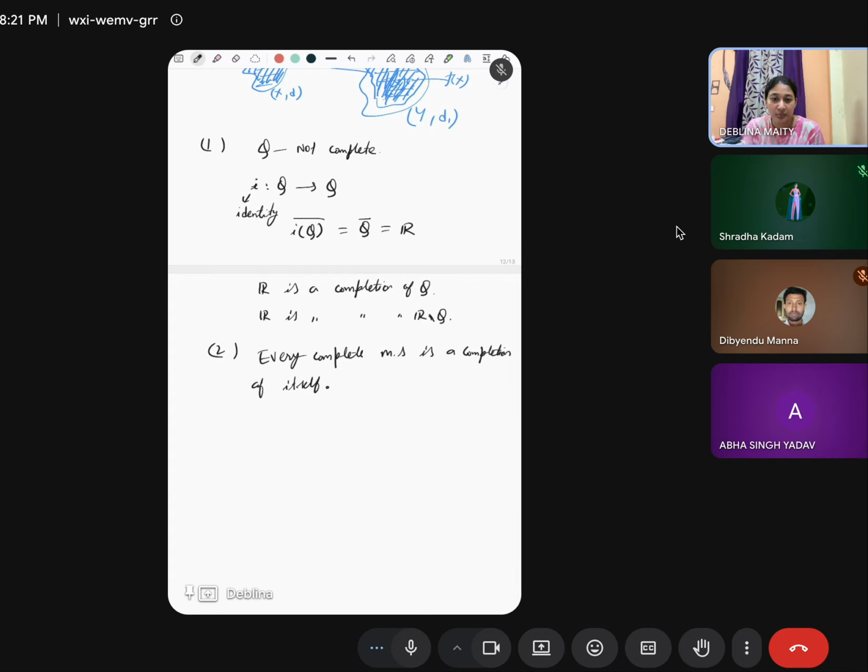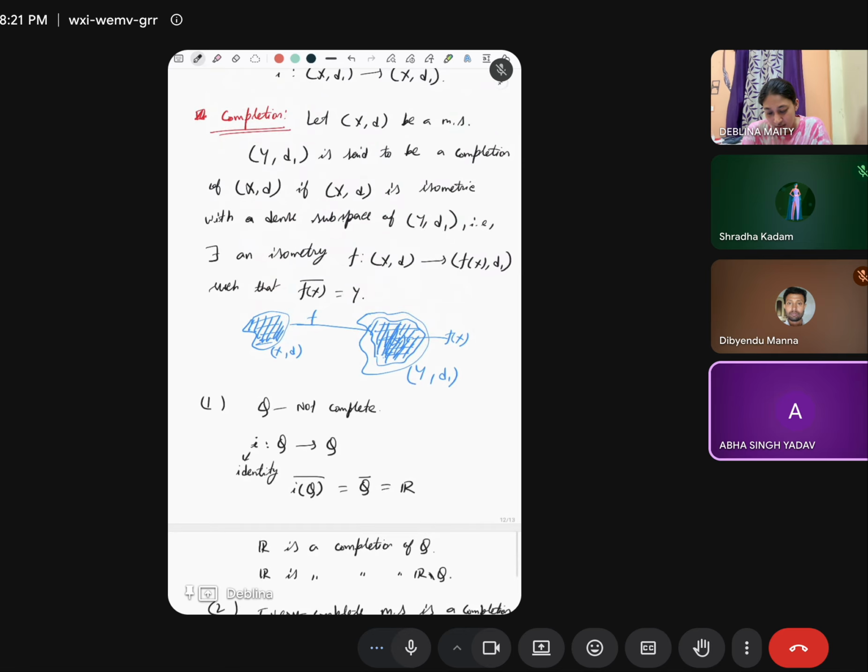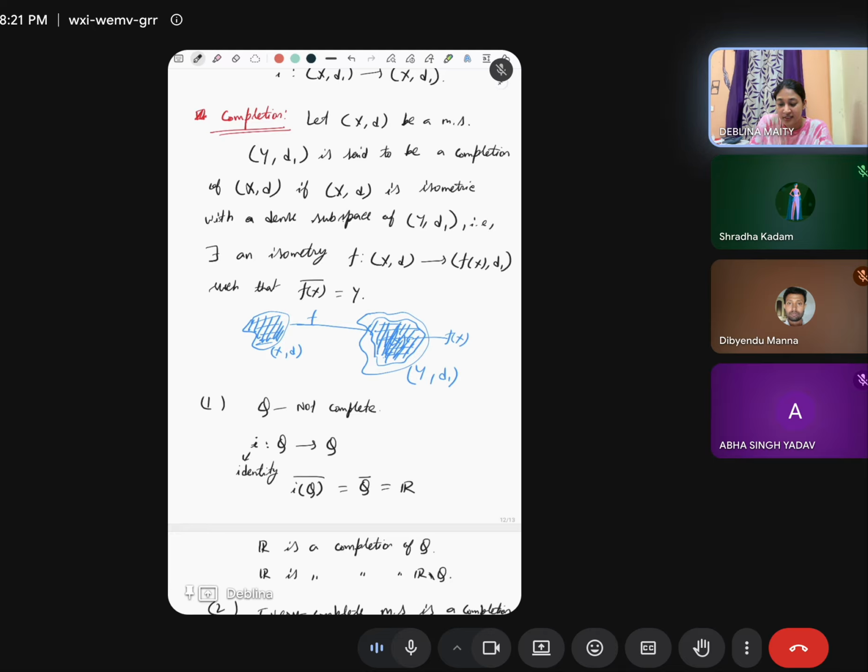Ma'am, you said that (X,d) is isometric with a dense subspace of (Y,d1). I want to ask about this statement in terms of the example of rational numbers that you gave. Yes. So Q is incomplete, and I am telling that the space Q has to be isometric with a dense subspace of R, right?